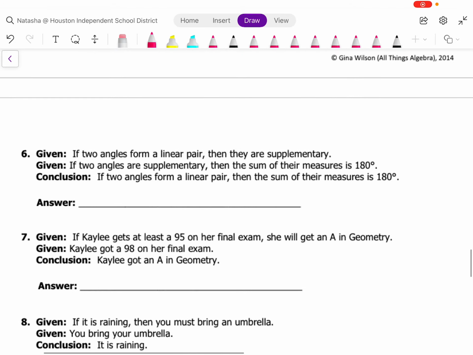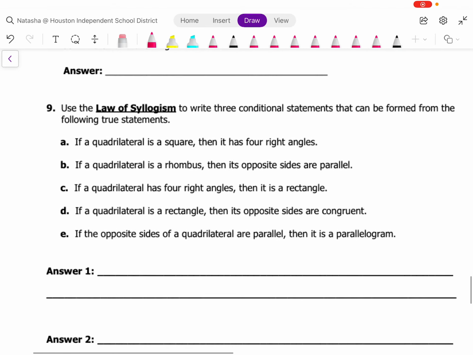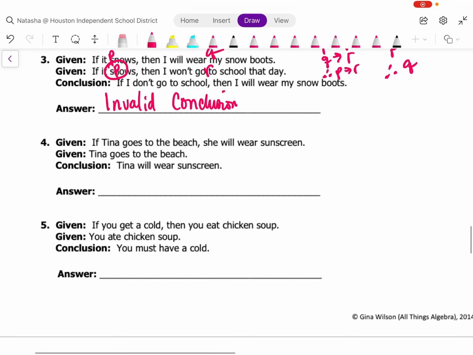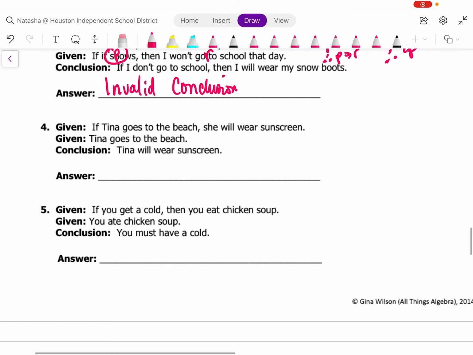Okay? Take a few minutes and do 4, 5, all the way up to number 8. I'm going to go ahead and give you the answers. So 4 should have been law of detachment.